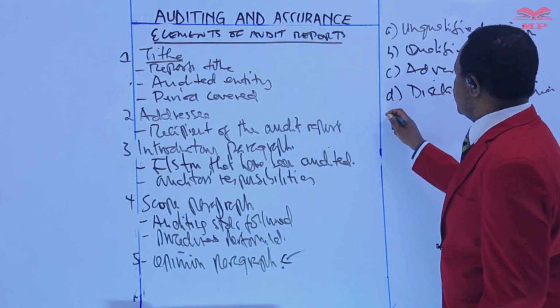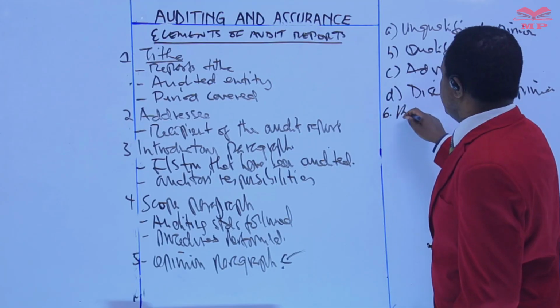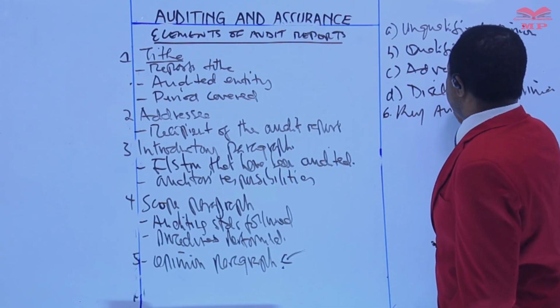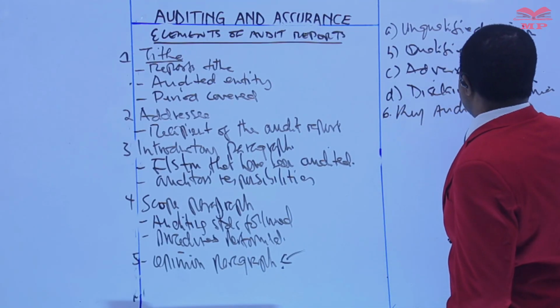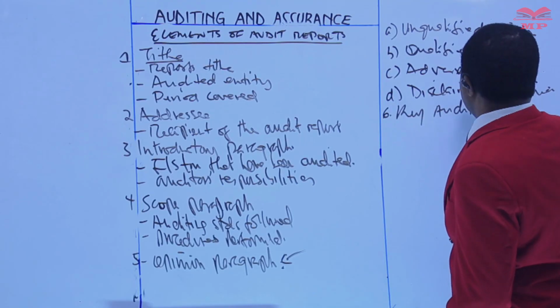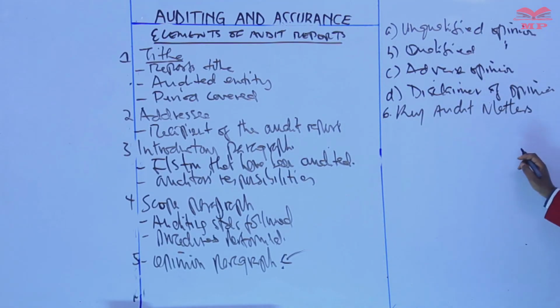Then number 6, we have key audit matters. This is another element of an audit report. Now, for public companies, this section highlights the most significant audit matters that arose during an audit and the auditor's response to them.